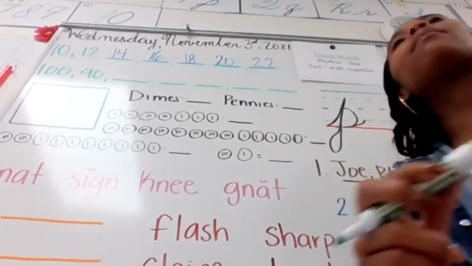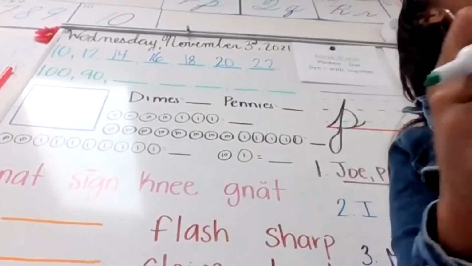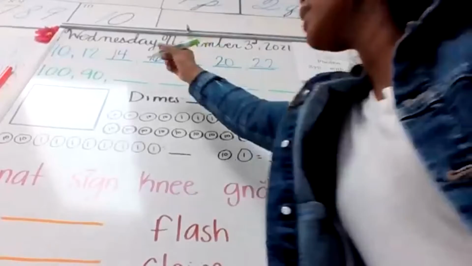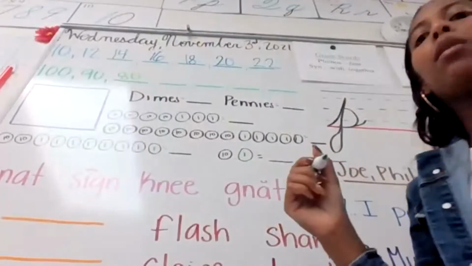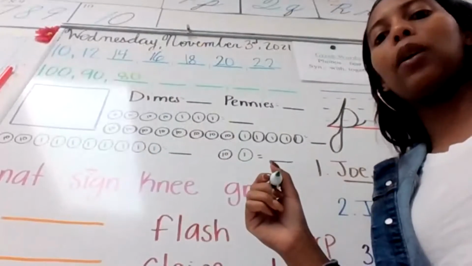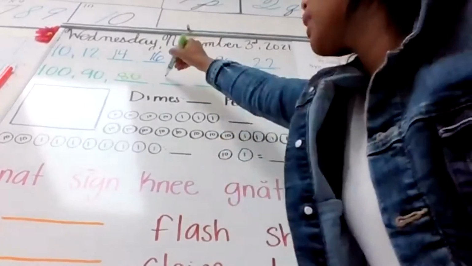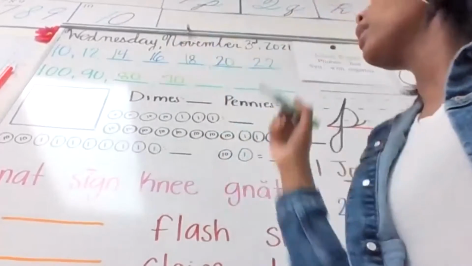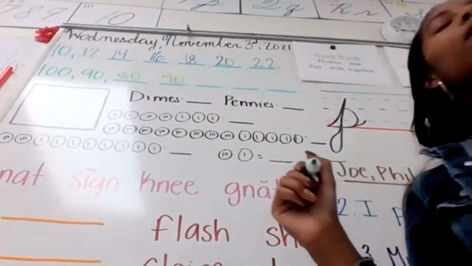190. Anybody knows what will come next? Counting by tens. 80. What will be next after 80? We're going back. 70. Naraya. We're raising our hand. 100, 90, 80, 70.